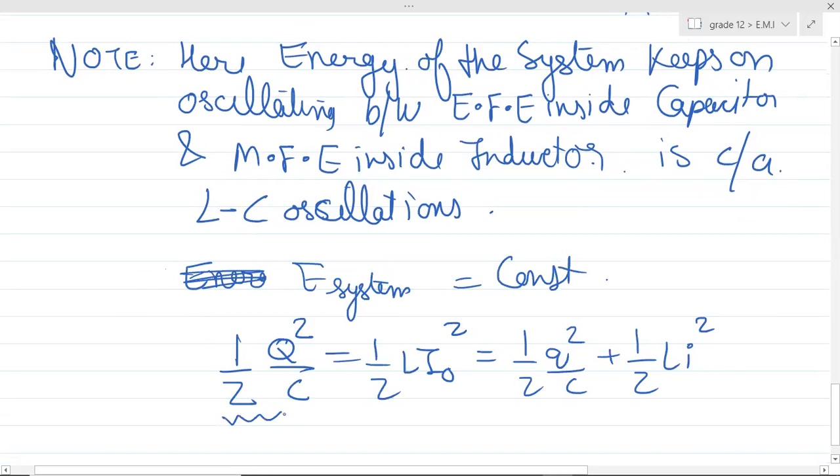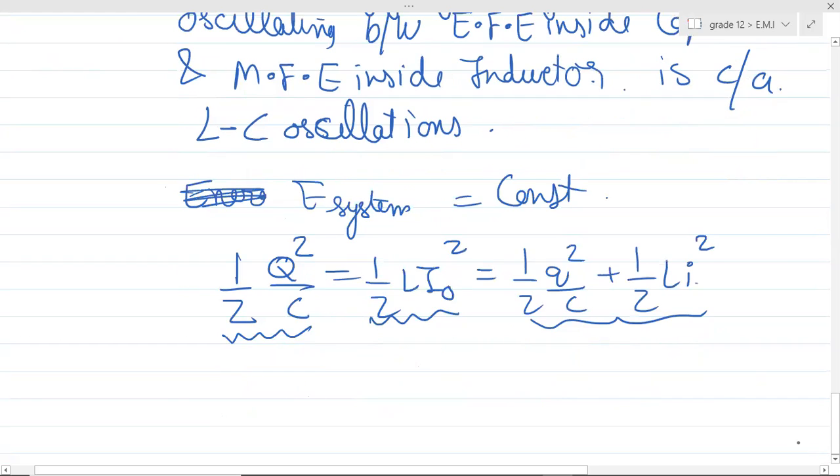This is the energy when the complete energy is in the form of electric field energy. This is the energy when it is in the form of magnetic field energy. And this is at an interval in between both of them. Q is a general charge and I is the general current. Are you getting my point? Yes, sir. So remember this.